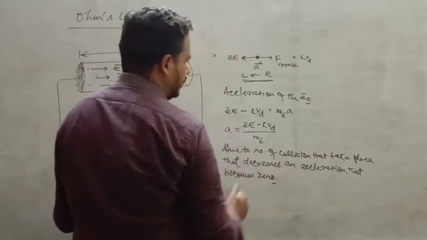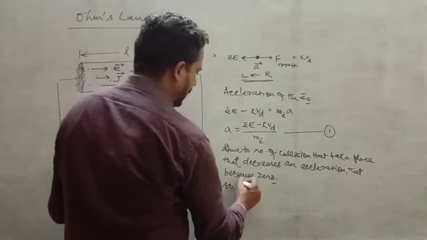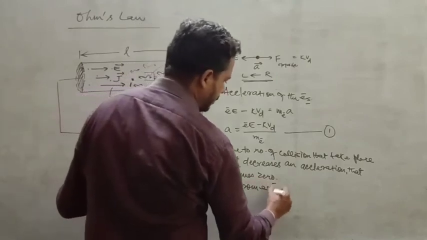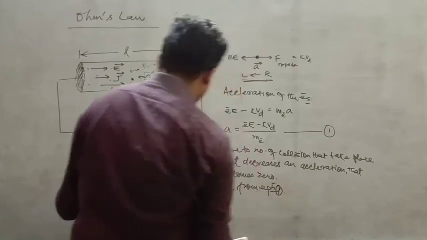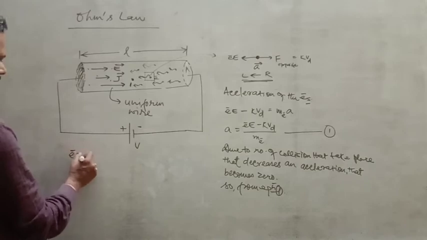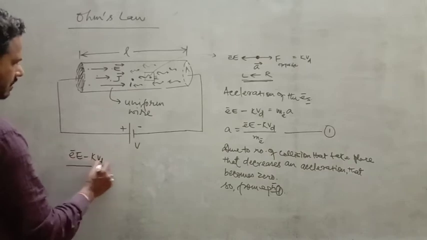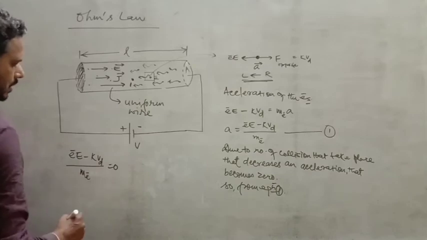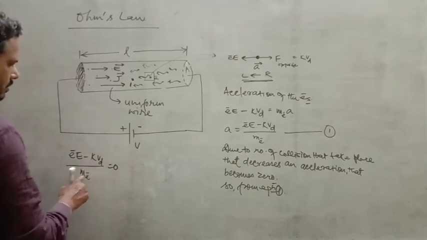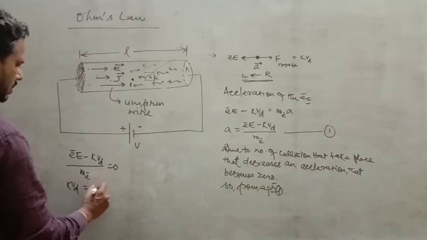So from this equation, call it equation 1, eE minus kVd divided by m, the mass of the electron, is equal to 0. So from here you get k times Vd is equal to eE.